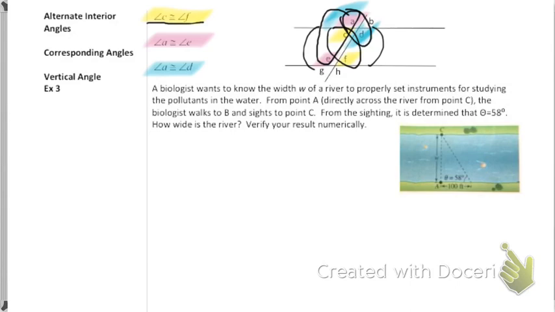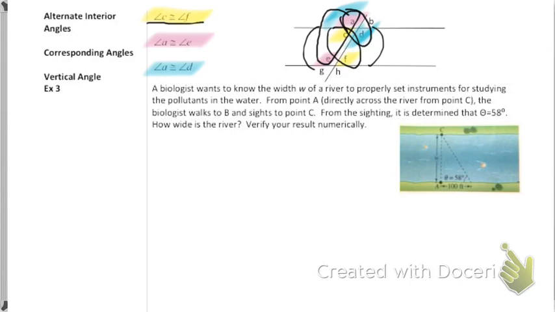Now let's do this other problem. A biologist wants to know the width W of a river to properly set instruments for studying the pollutants in the water. From point A directly across the river from point C, the biologist walks to B and sights to point C. From the sighting, it is determined that theta equals 58 degrees. How wide is the river? Verify your result numerically.